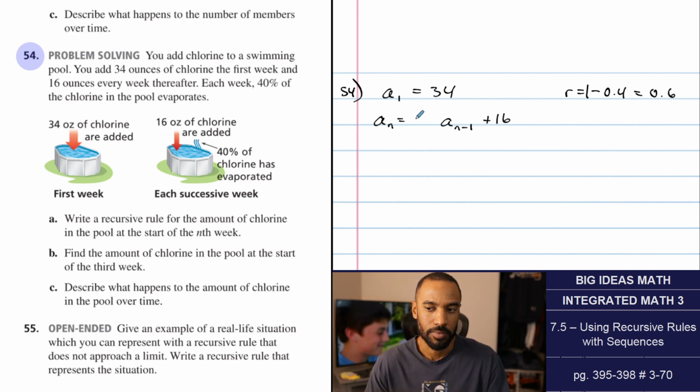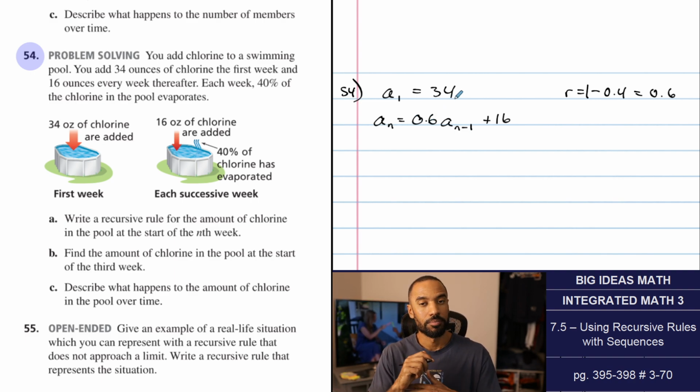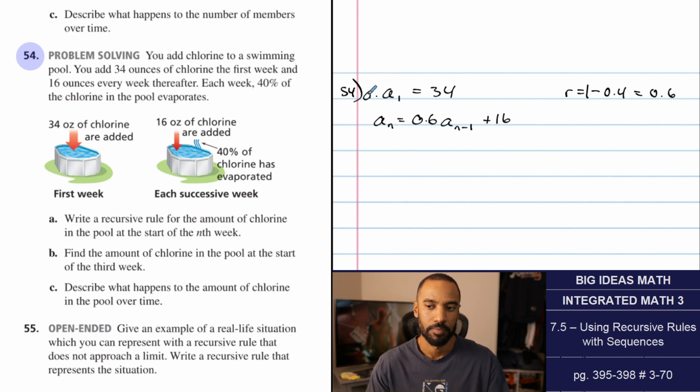Because that's the idea, I think, is it evaporates, and therefore you add more. That's how I'm seeing it, anyway. I don't know if that's right. That's what I'm going with. So that's my part A. Because that's what they wanted, right? A recursive rule.